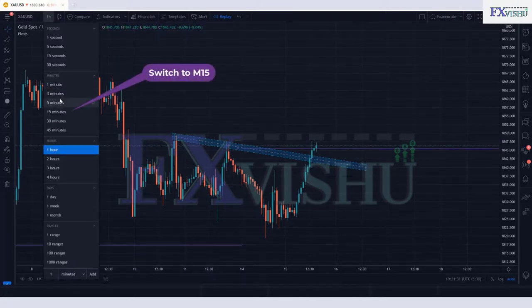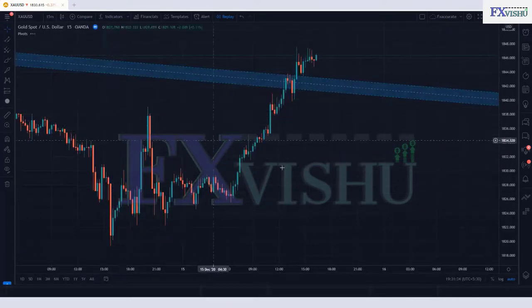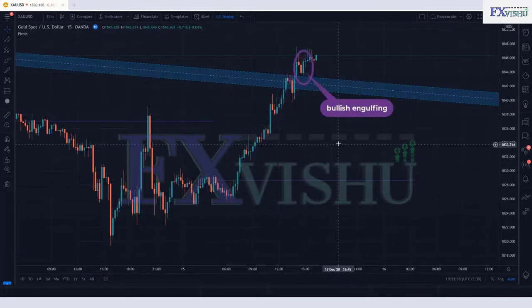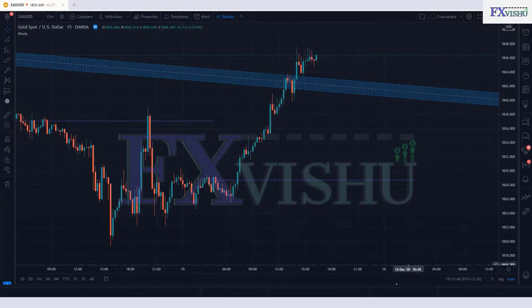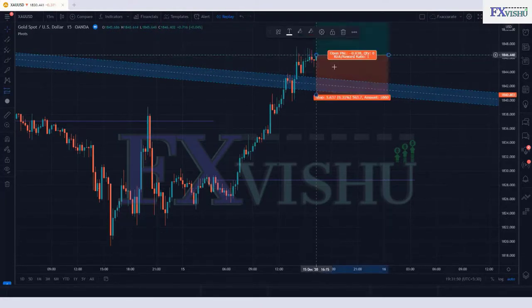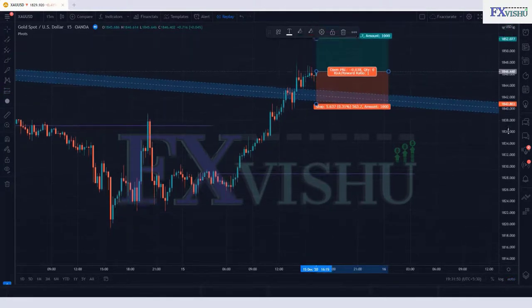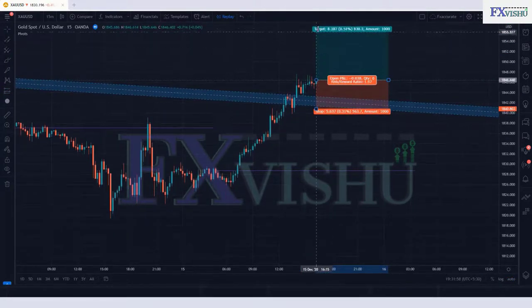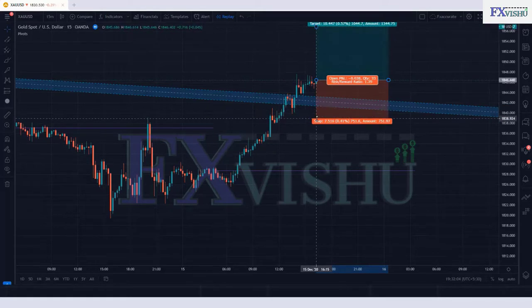Now we move to the chart of M15 to get the confirmation. Looking carefully here, the market has made a bullish engulfing for confirmation. Therefore, we will place a buy order. We will have the stop loss at the market low and double the take profit from the stop loss.